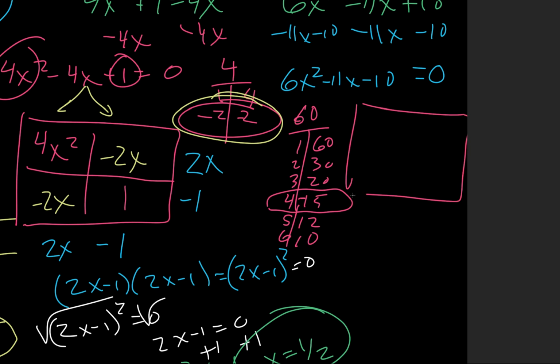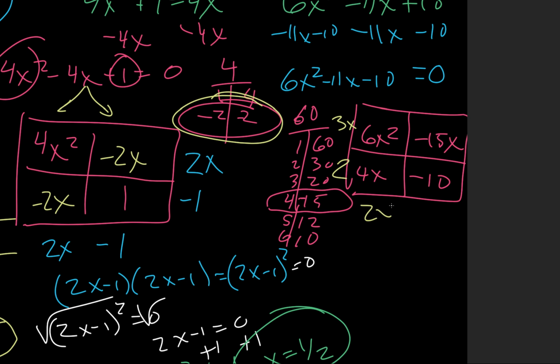We draw our box again. 6x squared, negative 10, 4x, negative 15x. Once again, I got the 4 and the negative 15 from there. Then we want to factor out whatever we can. This is a 3x. This is just a 2. This is a 2x, and this is a negative 5.